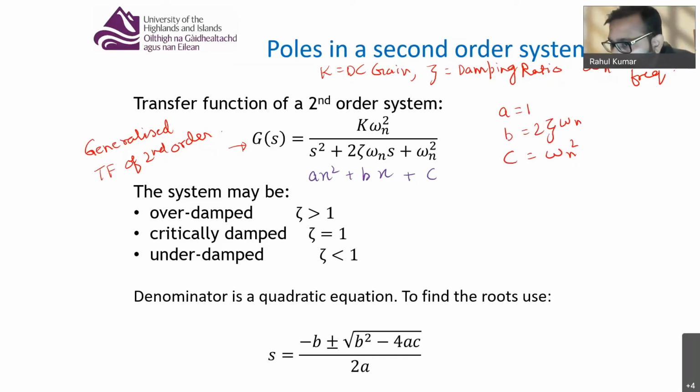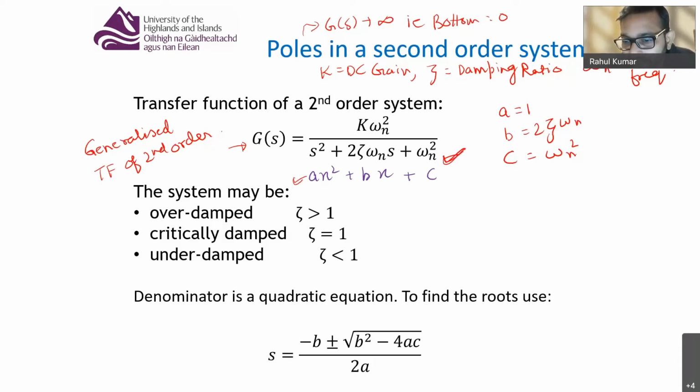Okay. And if we have to find the poles, poles make the bottom line of the transfer function equal to 0. So to find the poles of second order, I will have to equate the bottom line to 0. That means I will have to find the roots, because currently the bottom line of the generalized transfer function is a quadratic equation.